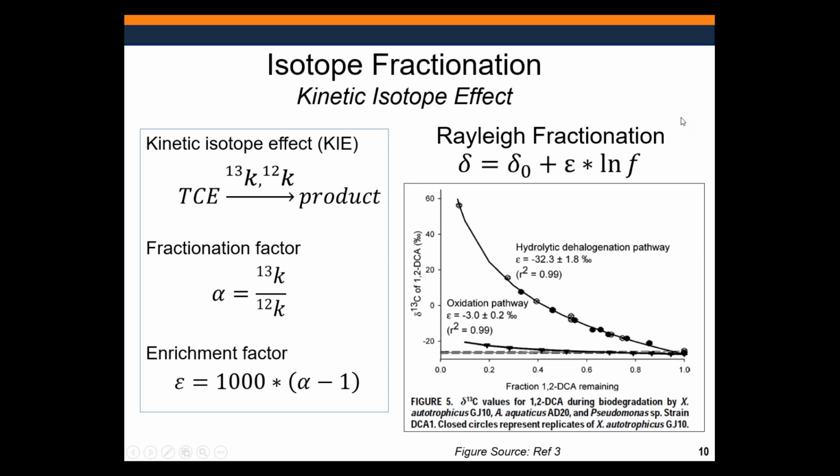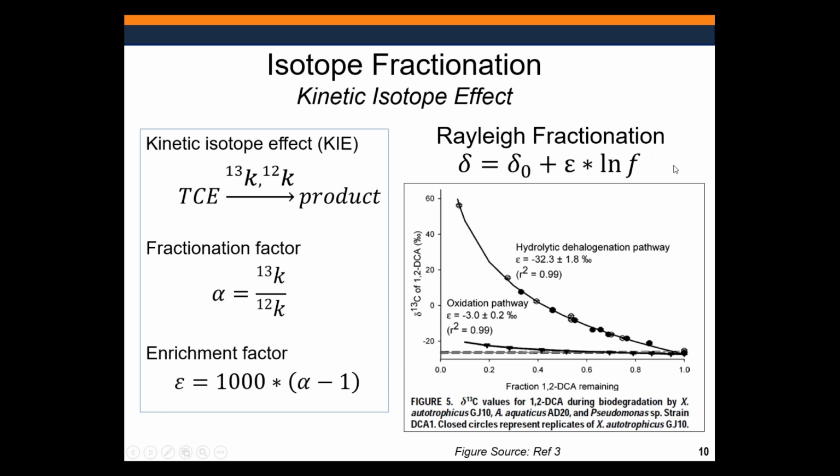This is the equation that brings together the delta value that I talked about at the beginning, the measurement of isotopic ratios, with an enrichment factor and a measurement of how much of your contaminant is remaining. That's F, the fraction remaining.